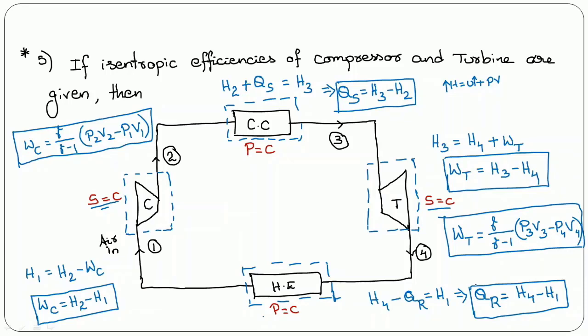Now we have got all the formulas of work input to the compressor, heat supplied, heat rejected, and everything. And in this particular case, we have considered the compression and expansion to be isentropic.